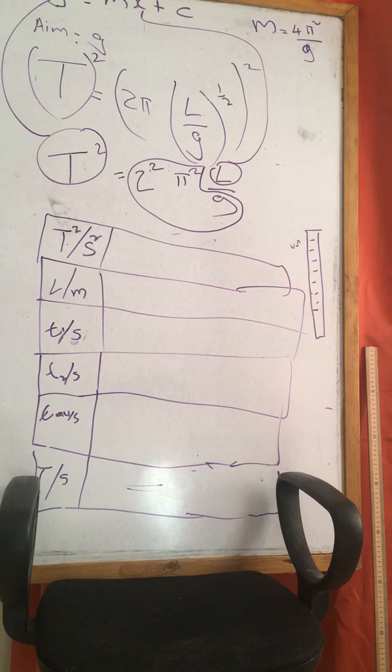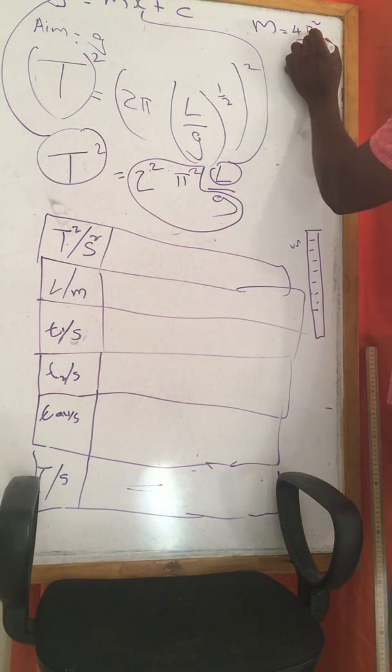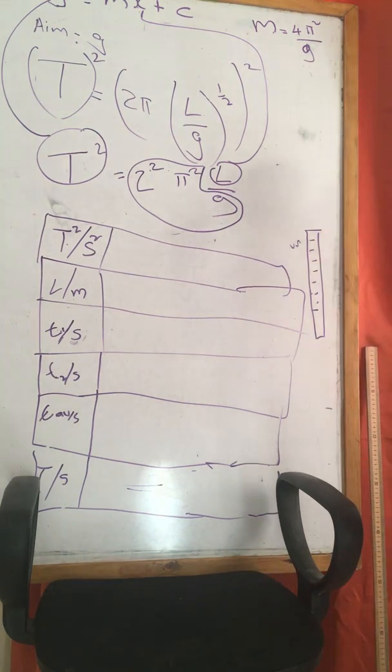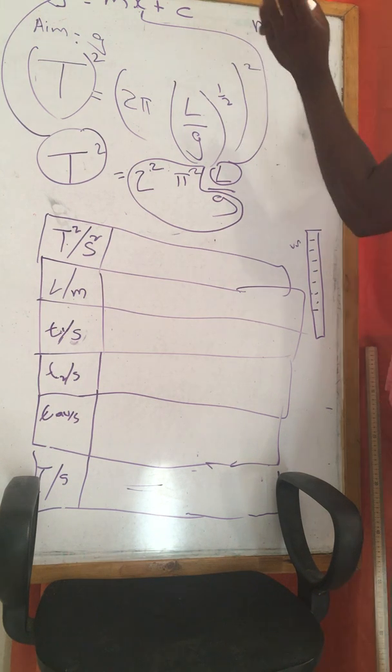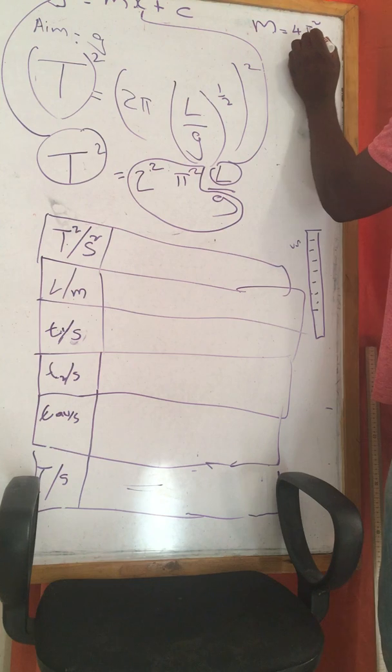So the gradient that you find now, you're going to equate it to 4 pi squared over G. Then the only unknown in your equation would be G, because you know the gradient, you work it out.